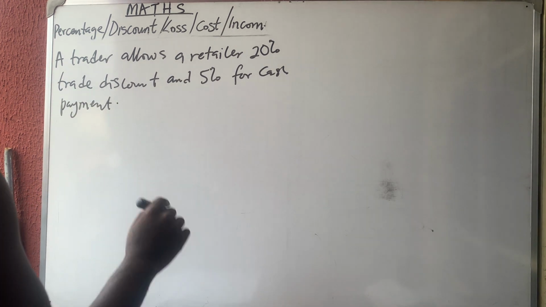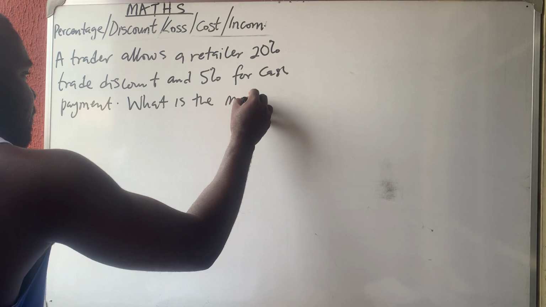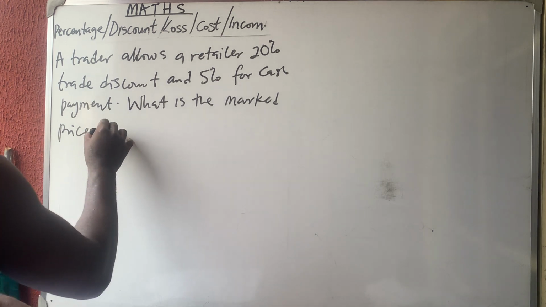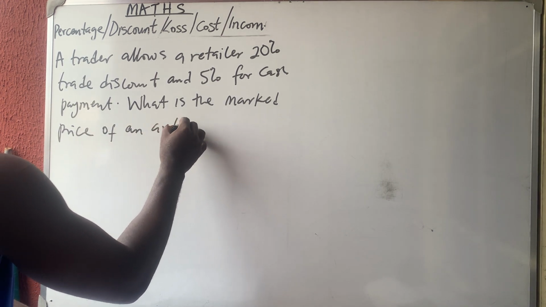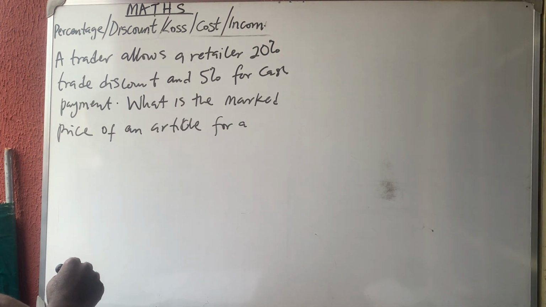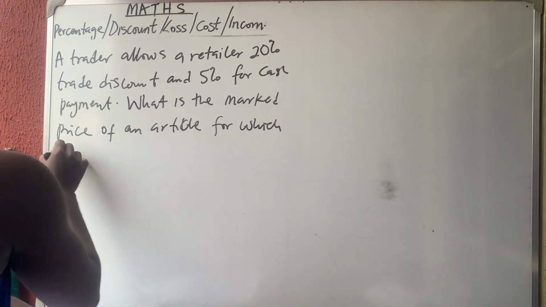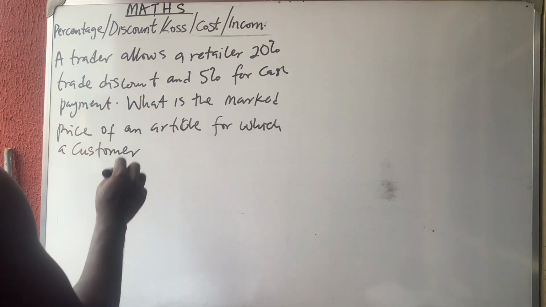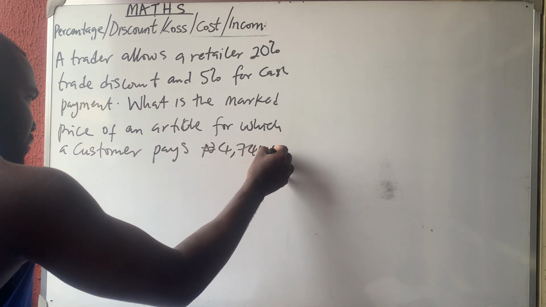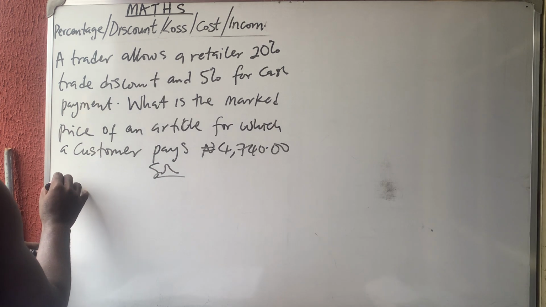All right, then I say what is the marked price of an article for a customer, okay, for which a customer pays 4,740. Solution.